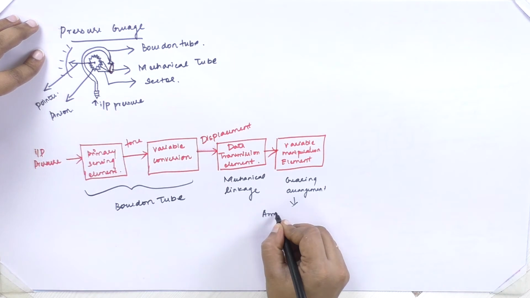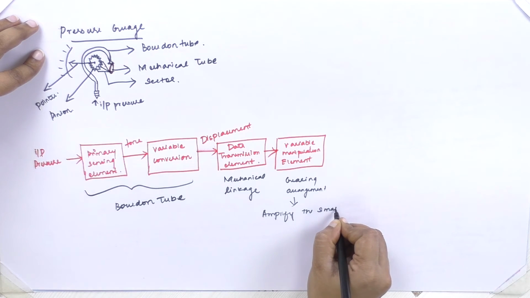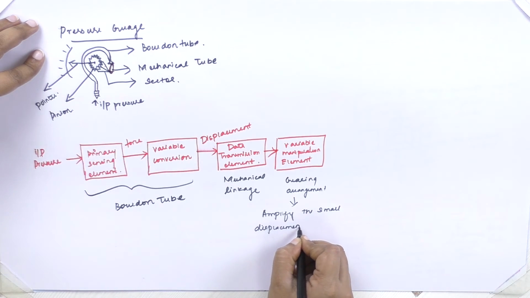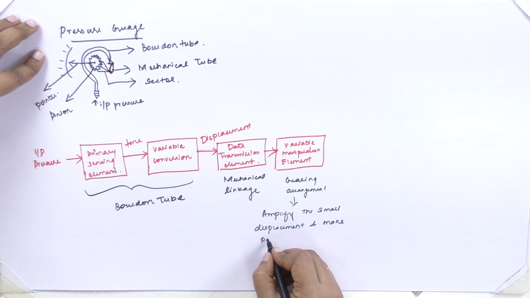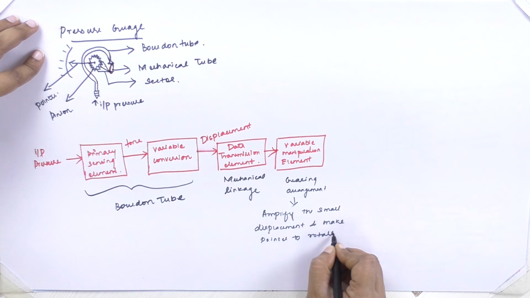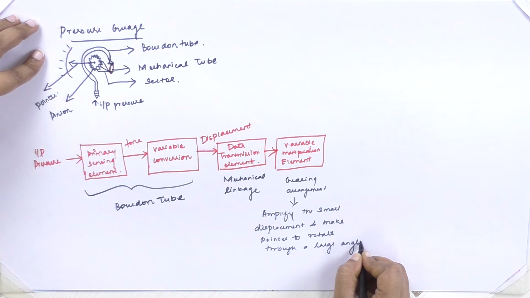It will amplify the small displacement of the mechanical linkage and make the pointer rotate through a large angle.